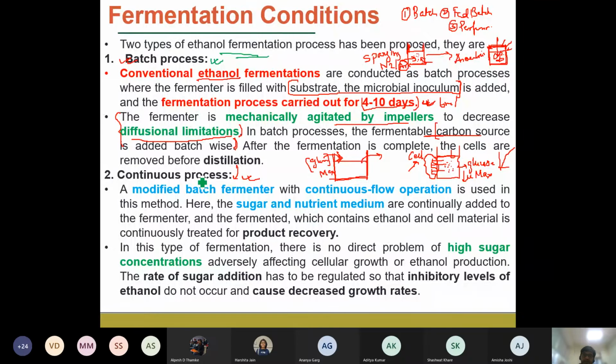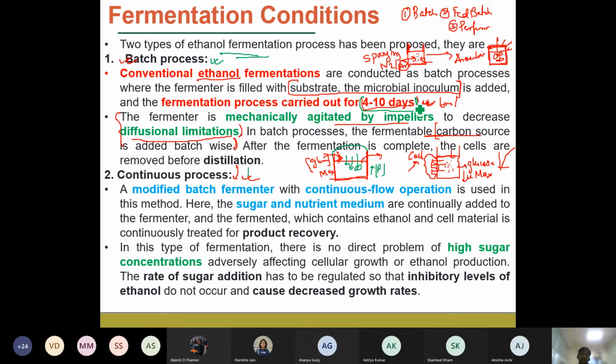In the batch process, as we have already discussed, we introduce all the components, the growth media, the microorganism, the cells, all together in the fermentation media at once, and then we carry out the fermentation. There will be the production of ethanol or any particular product, and we take out the product only when the fermentation is completely stopped. That is why it is generally carried out for 4 to 10 days.